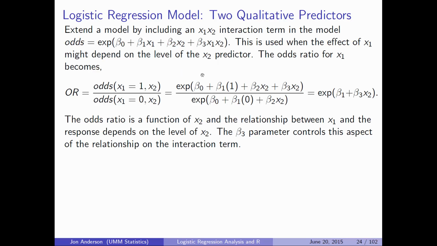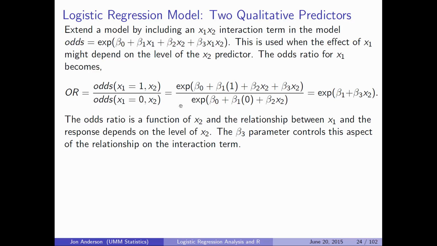In the numerator, we're going to put in x1 equals 1. There'll be a 1 here. And in the last part, it's going to be beta 3 times 1 times x2. That's why we have beta 3 times 1 times x2 appearing in the numerator.